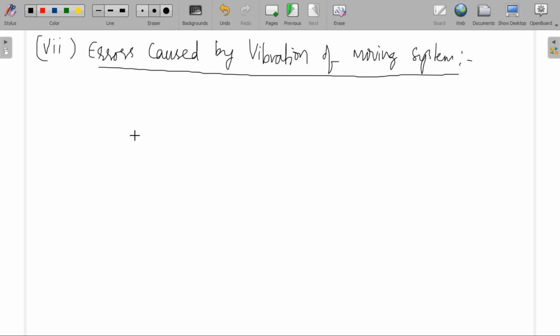This error is found occasionally on alternating currents. In this instrument, this error is found occasionally.